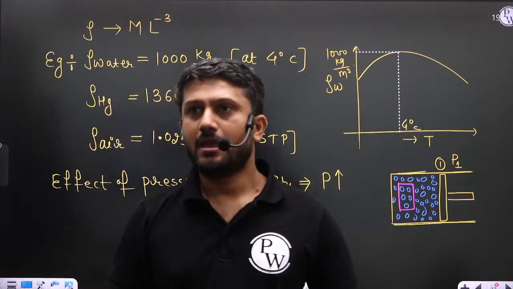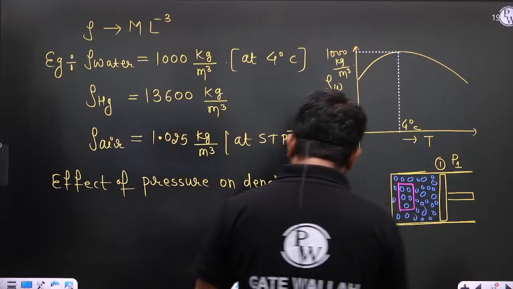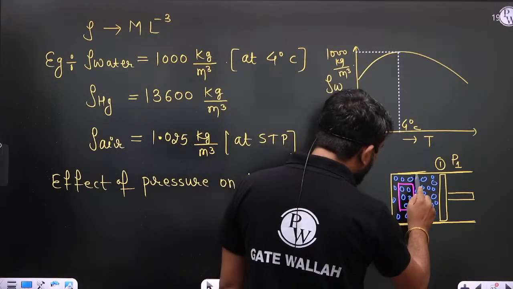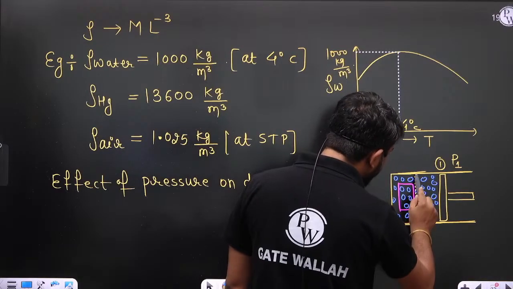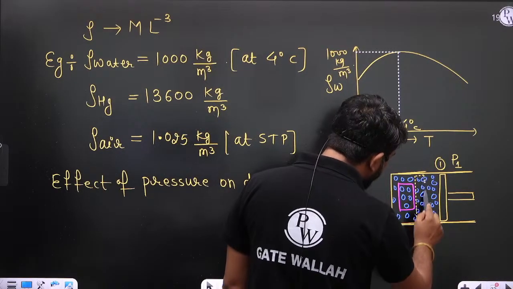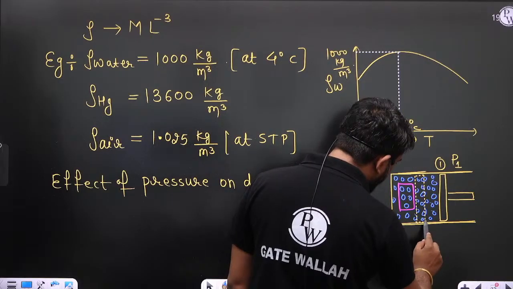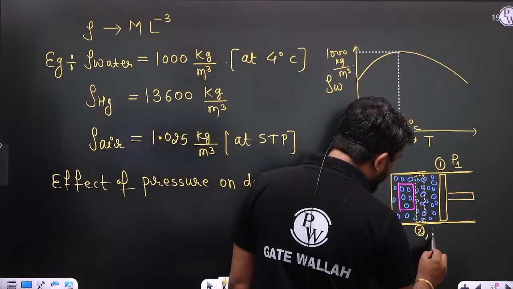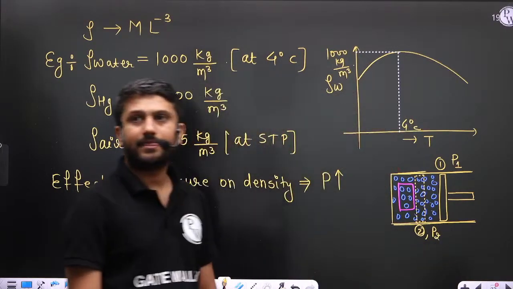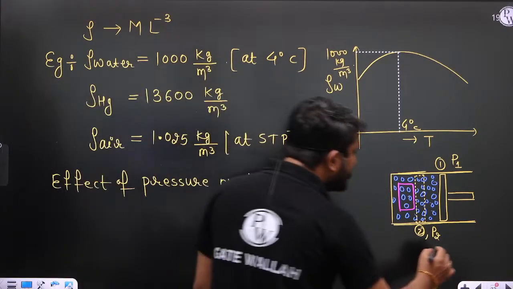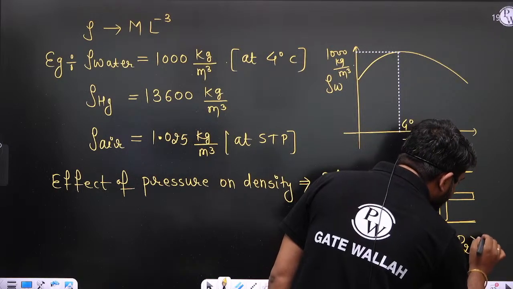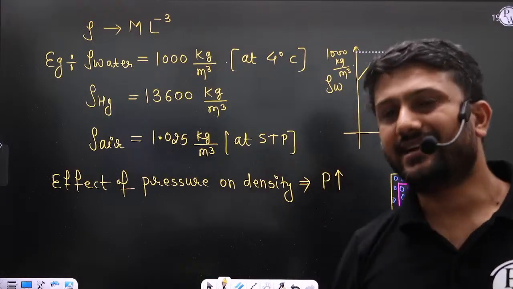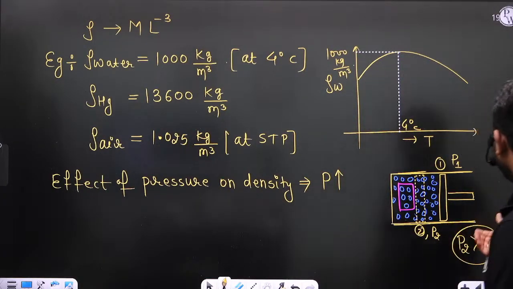Now if we increase the pressure, the piston is moving to this particular point, or we can say the piston is at state number 2, and at state number 2 the pressure is P2. P2 is greater than P1, right? When you are pushing the piston, definitely the pressure will increase. So P2 is greater than P1.